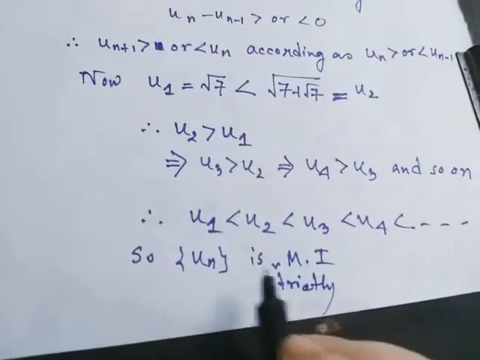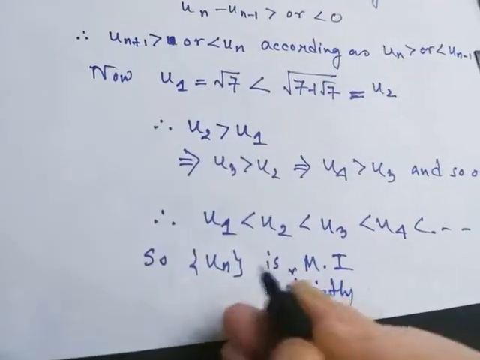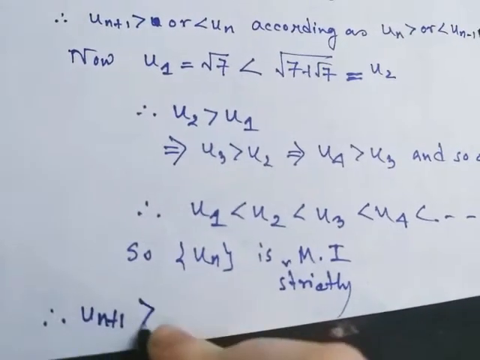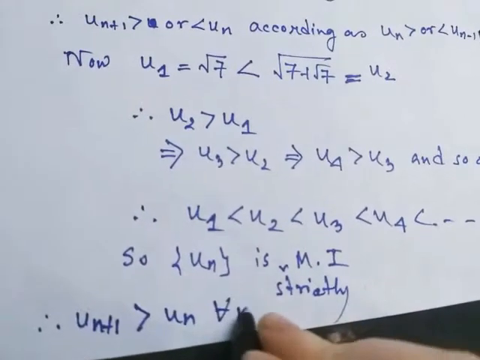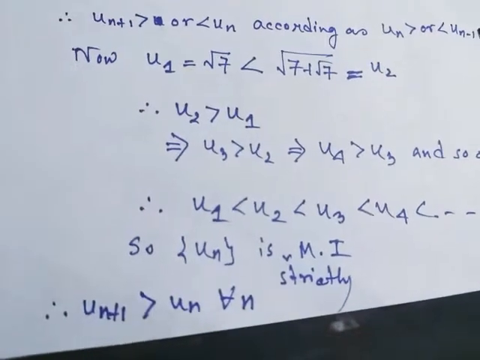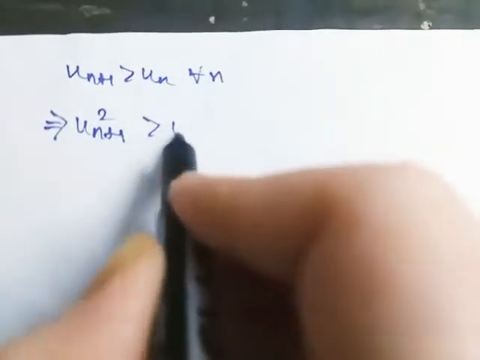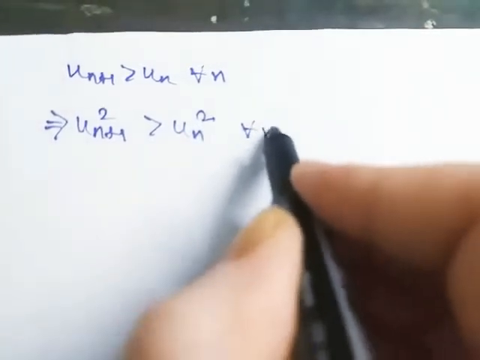Since the sequence u_n is strictly monotonically increasing, u_{n+1} > u_n for all n. This implies u_{n+1}² > u_n² for all n.